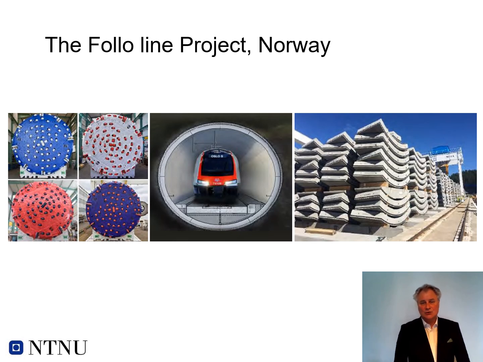And the original plan was to use the local bedrock from the tunnel, crush it, and use it both as the coarse and the fine aggregates in the element production. You see the elements to the right. The elements are lining the tunnel. So you have the concrete linings of the tunnel.